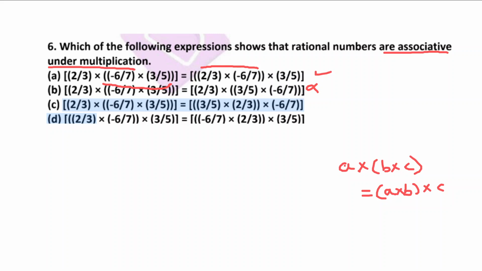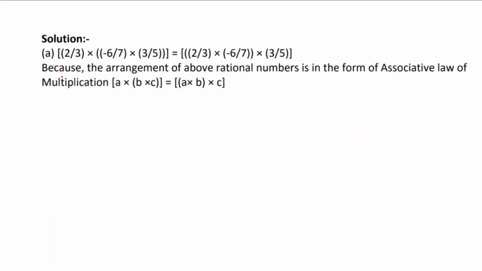See the order, A into B into C: all the three numbers should be present in the same order. Here it is not present in the same order, so this is not the case. Here also all three numbers are not present in the same order. The numbers should be in the same order, but the clubbing should be different. That is the point. So only the first part is valid, option A.